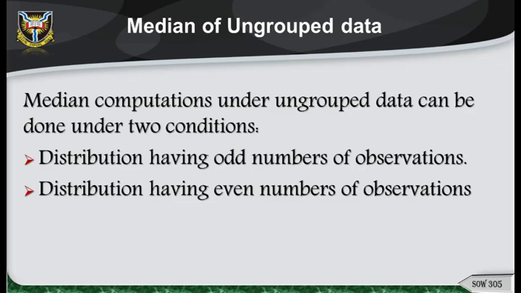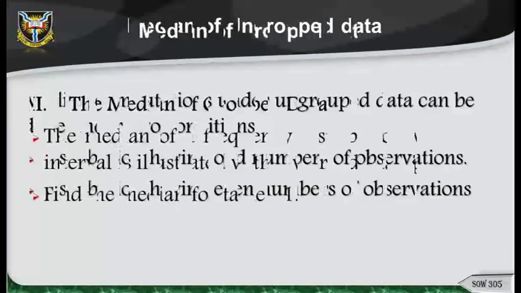For example, 14, 21, 25, 27, 27, 40 after rearrangement. Median equals the summation of the two middle observations divided by 2, equals 25 plus 27 divided by 2, equals 52 divided by 2, equals 26.